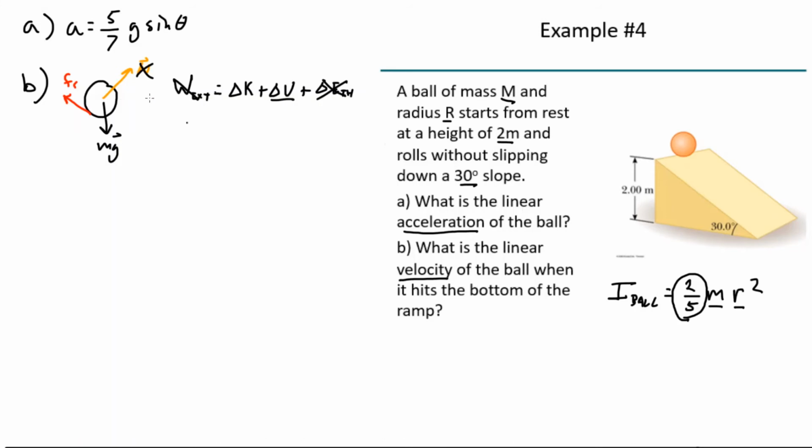That is, 0 equals delta K plus delta U. Or we can write this as K final plus U final equals K initial plus U initial. All right. So, well, let's say the ball rolls down this 2-meter incline. So U final is going to be 0.